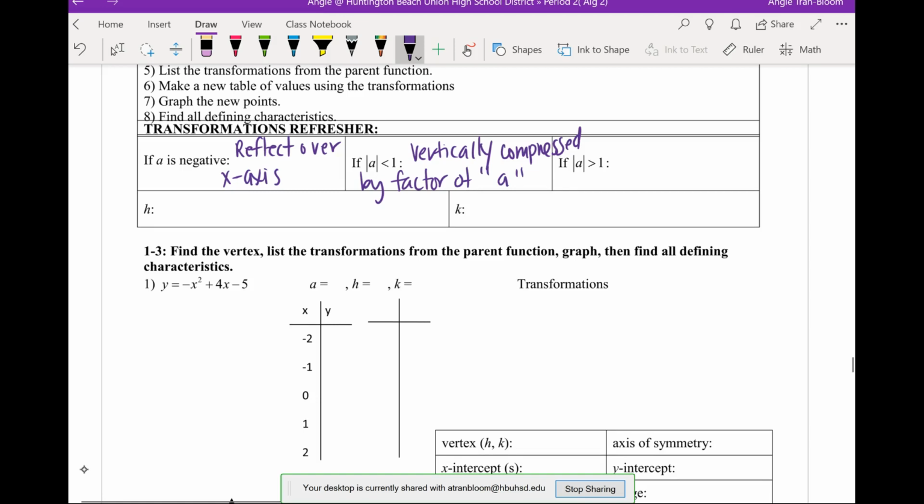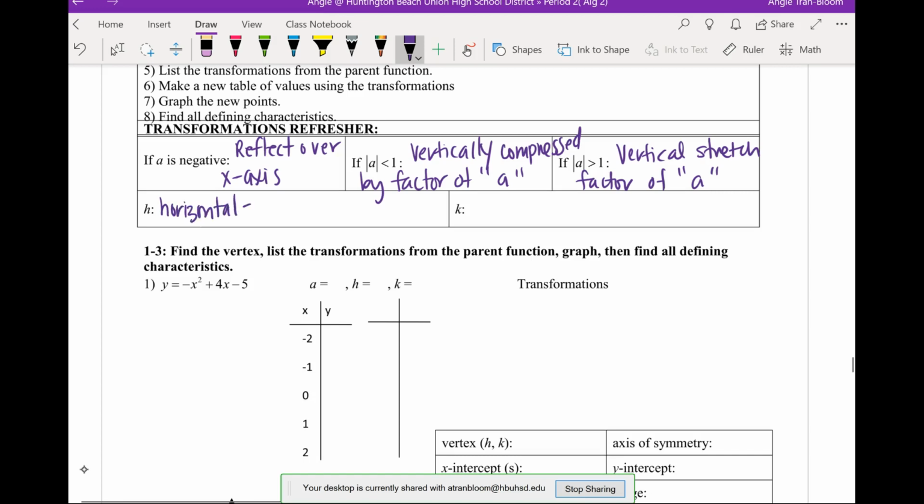What if a is bigger? You're right. Vertical stretch factor of a. Remember, these transformations will never change, even if later we're going to add on a bunch more different functions. What does the h do? Right, horizontal shift, left or right, depending.